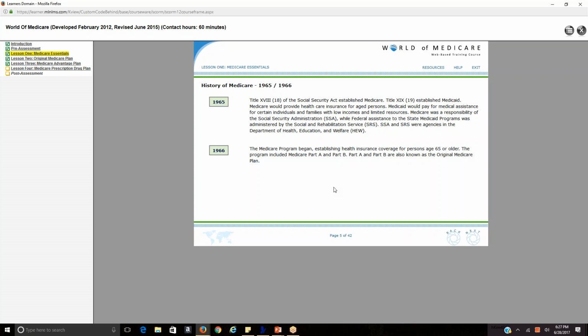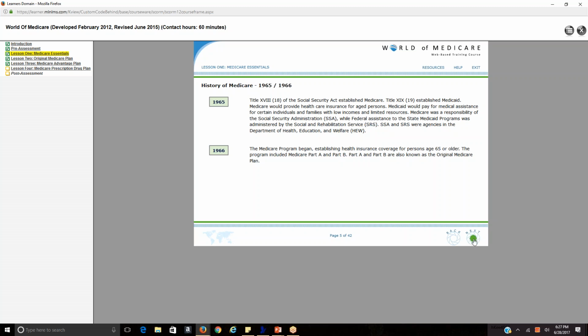The Medicare program then began establishing health insurance coverage for persons aged 65 or older, and the program included Part A and Part B, which is also known as the original Medicare plan.